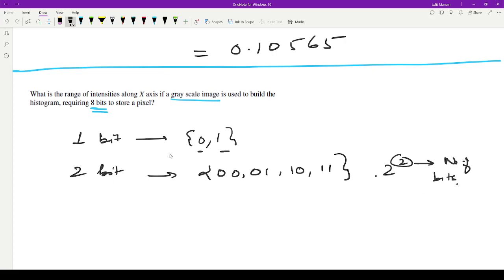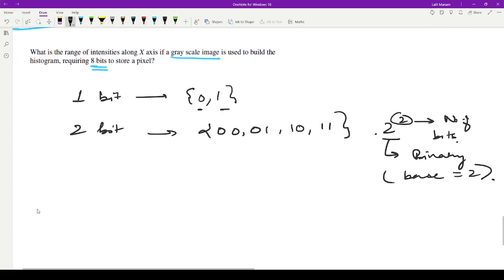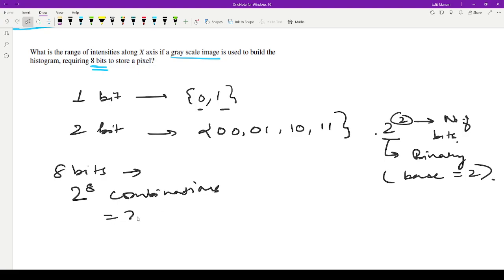Since we deal here with binary, the base is 2. So 8 bits will lead us to 2 to the power 8 combinations, which is nothing but 256, as mentioned by one of our attendees.